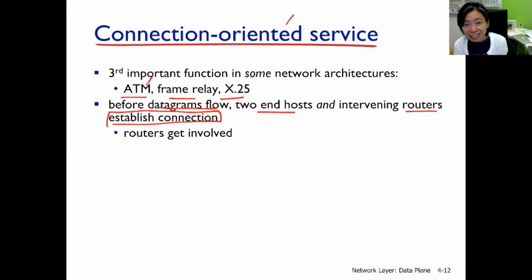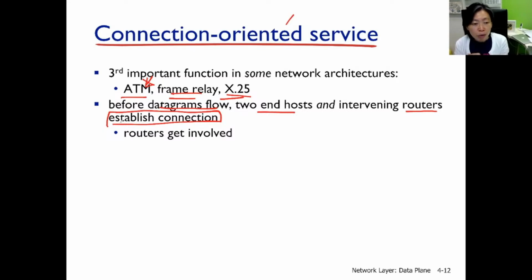At some point, ATM was competing with the internet. I think towards the late 90s, still before the turn of the 21st century, ATM got merged into the internet. So some of the routers in the internet have lower architecture design that is actually from ATM. Now, Frame Relay, X.25, these are just too old. But these are examples of connection-oriented network layer service.